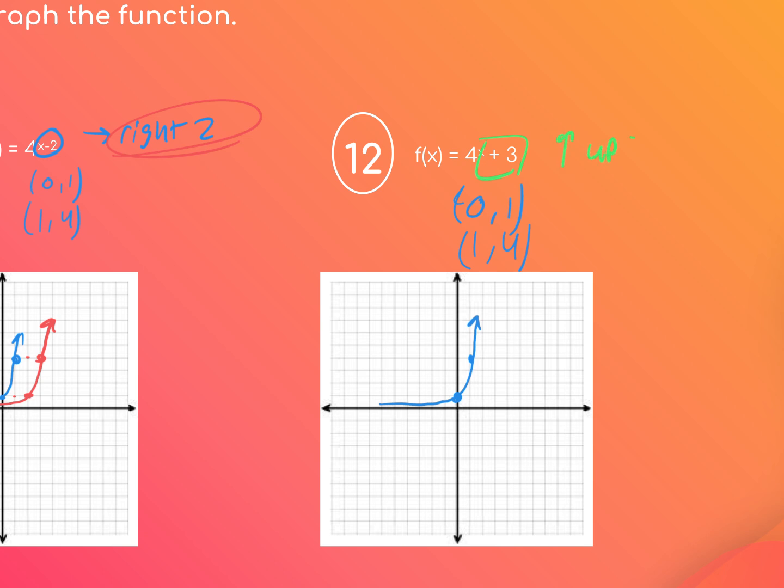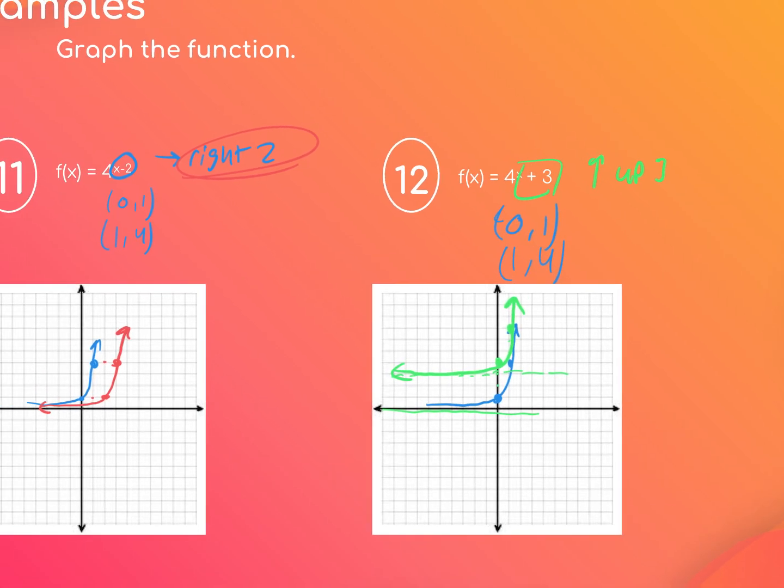We're going to go up 3 units. So take every point that we just drew, go 1, 2, 3 units up. And then now our asymptote, the line that we approach but never touch, is now 3 units above. It's no longer the x-axis. It's going to be 3 units up. So we're going to approach this line but never touch it. So it's going to look something like that in green.